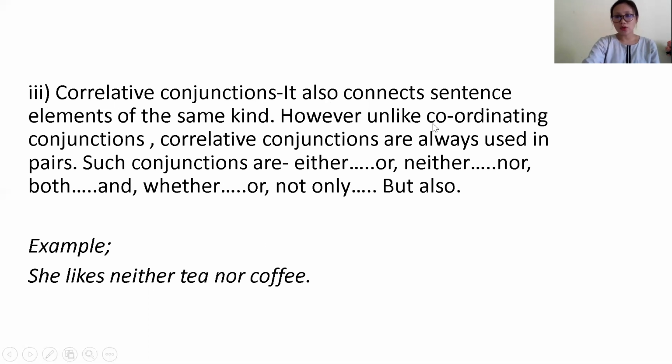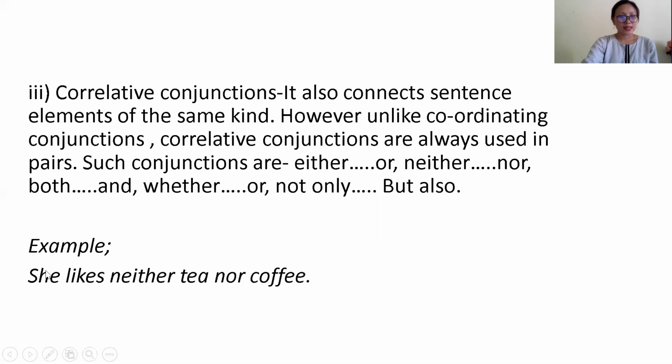However, unlike coordinating conjunctions, correlative conjunctions are always used in pairs, means this type of conjunction is always used together. They cannot be separated. Such conjunctions are either or. See, either or is used together. Neither nor are also used together. Both and, whether or, not only but also.